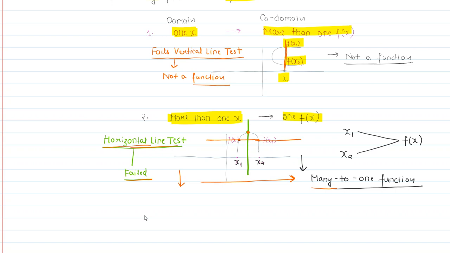The graph has to pass the vertical line test to be a function, and it has to pass the horizontal line test to be a one-to-one function. If it does not pass the horizontal line test, then it is a many-to-one function. Many-to-one function means that different values of x lead to the same value of f(x).